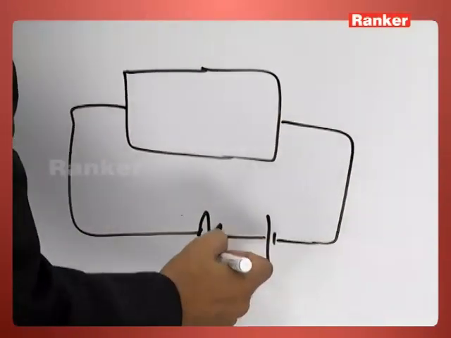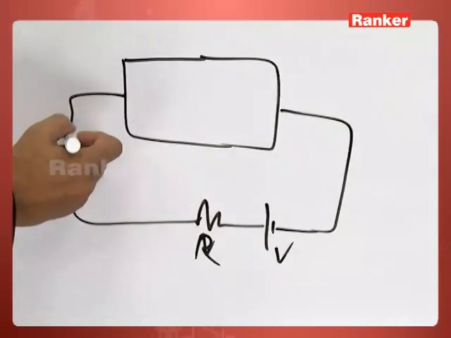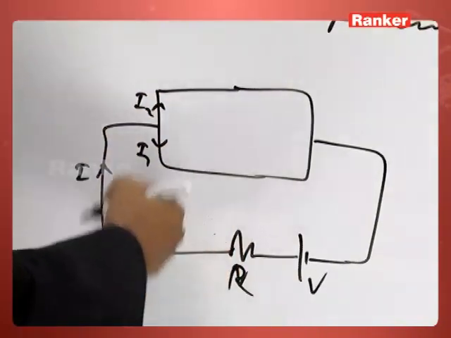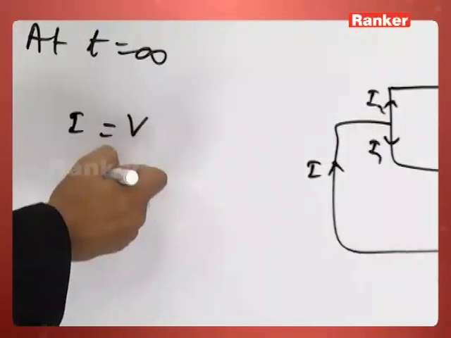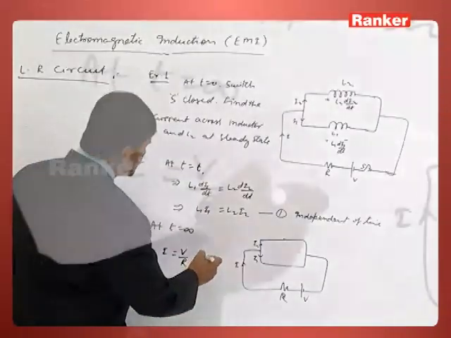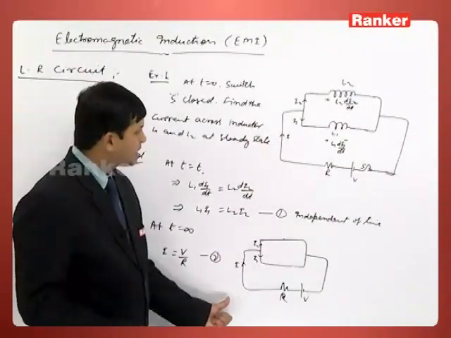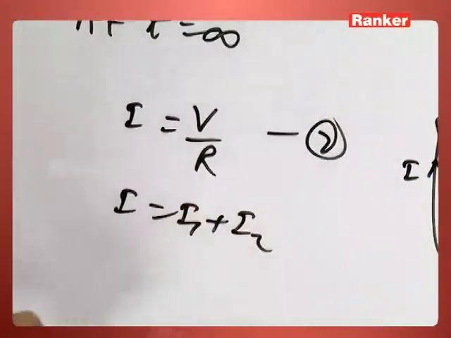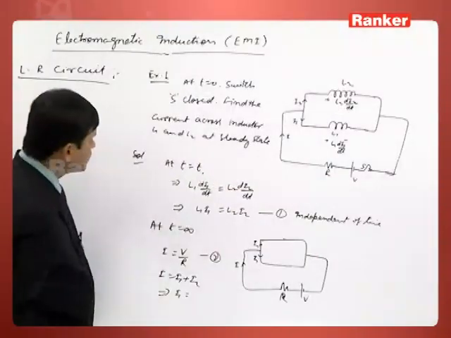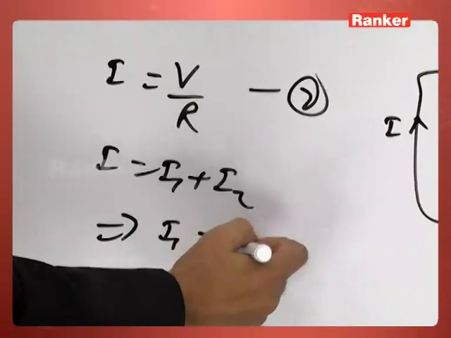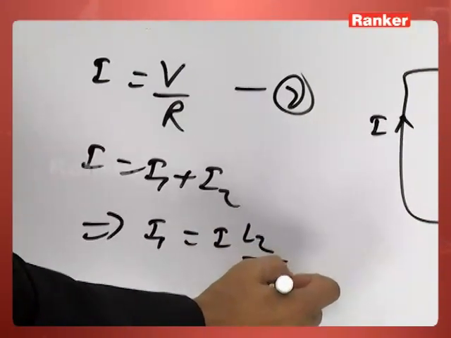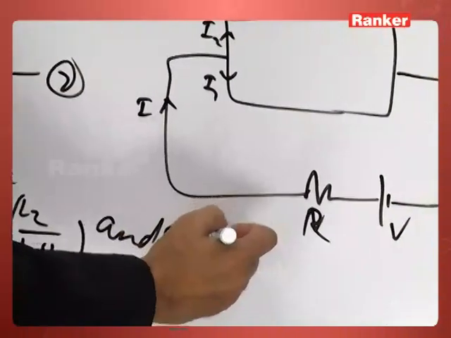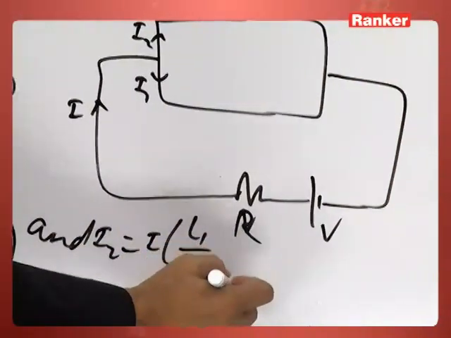Here R is the resistance, V is the EMF, I is the current, and here the currents are I1 and I2. Applying Kirchhoff's law, we get I is equal to V by R. This is the second equation, and from Kirchhoff's first law, since I is equal to I1 plus I2, we have I1 is equal to I into L2 by L1 plus L2, and I2 is equal to I into L1 by L1 plus L2.